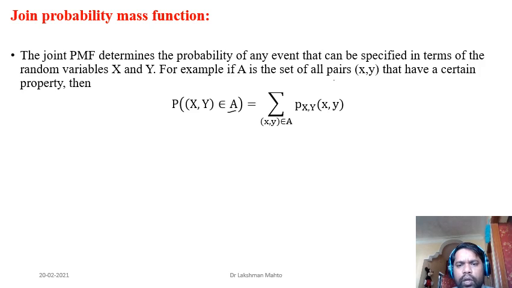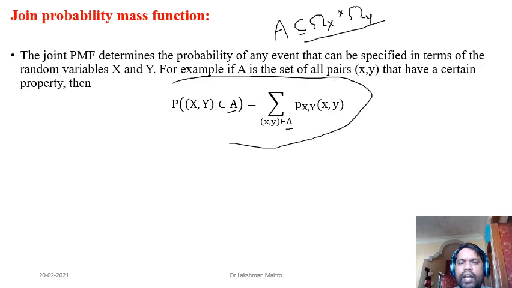Just take all the pairs from the set A. A would definitely be a subset of the cross product of omega X and omega Y. These things come directly from set theory, so I don't have to go into much detail. You are just trying to calculate the joint probability of an event.